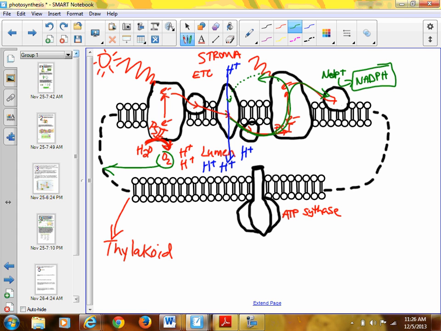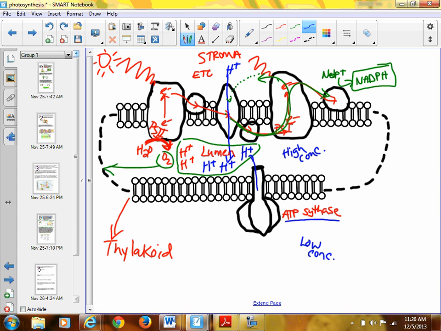Now we're going to take these built-up protons in the lumen, and they're going to make their way over to this ATP synthase. And since they're highly concentrated on the inside, that means that they're going to have a lower concentration on the outside. They're going to go down their concentration gradient and get pushed out of the thylakoid, out into the stroma.